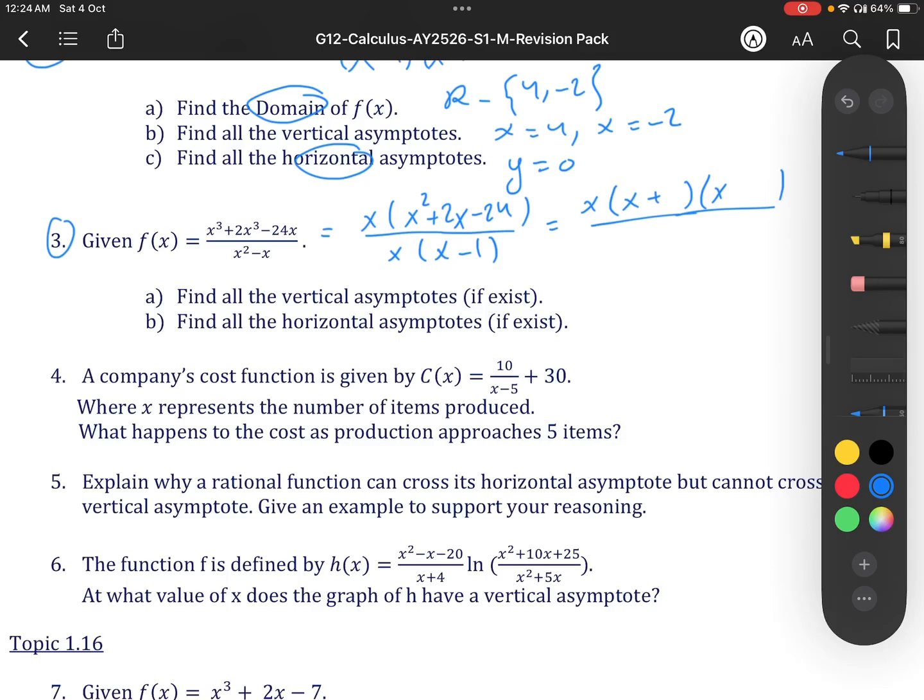The two numbers are positive 6 and negative 4. x into x minus 1. x cancel. So the only vertical asymptote is x equal 1. Horizontal asymptote, degree up greater than the degree down. This is the third case where we don't have horizontal asymptote.